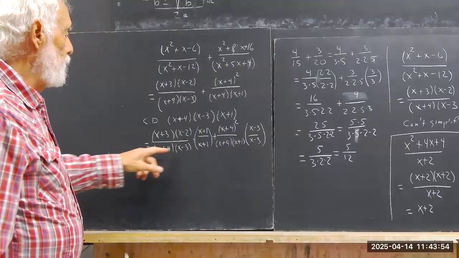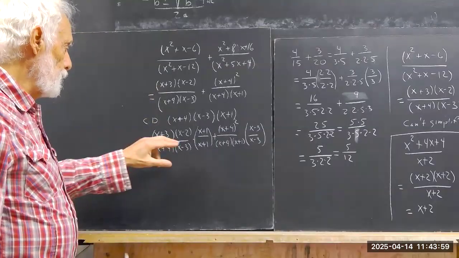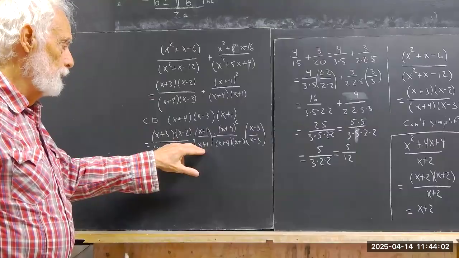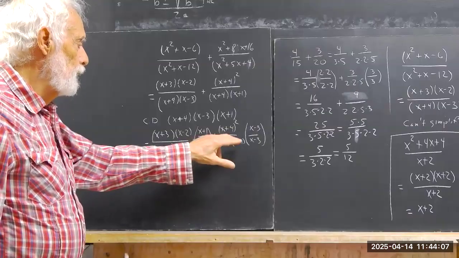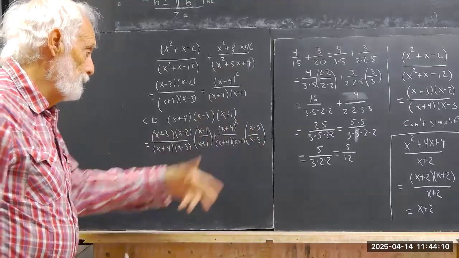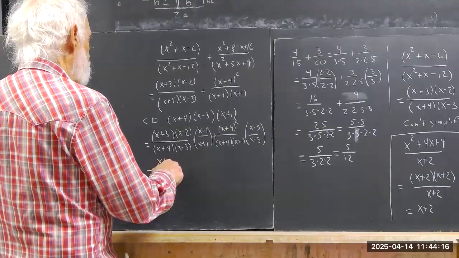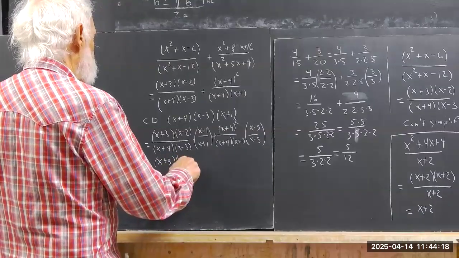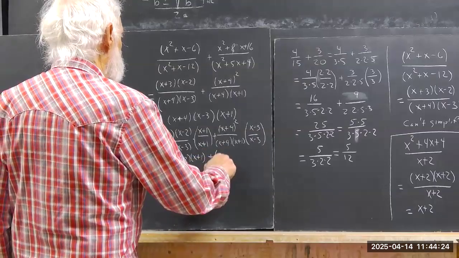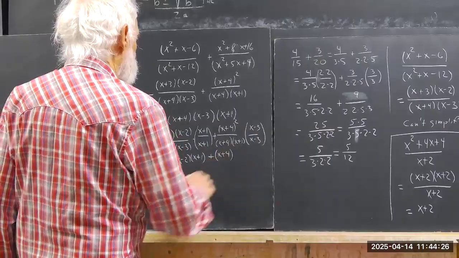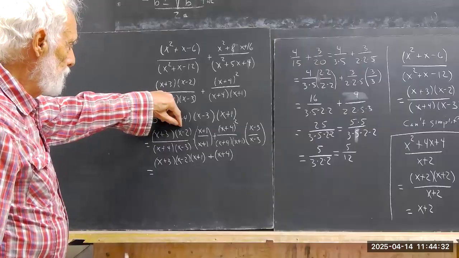And now we can read the denominators. The denominator of the first fraction in the new form will be x plus 4 times x minus 3 times x plus 1. The denominator of the second fraction will be x plus 4 times x plus 1 times x minus 3. They match. So we have x plus 3 times x minus 2 times x plus 1 plus, again, the numerator of my first fraction was x plus 3 times x minus 2.